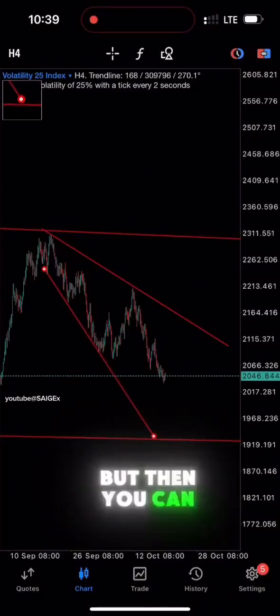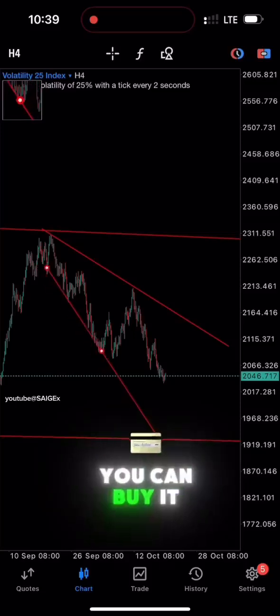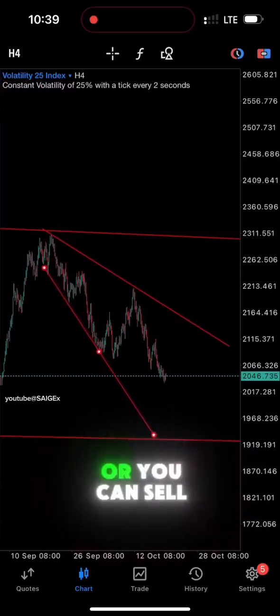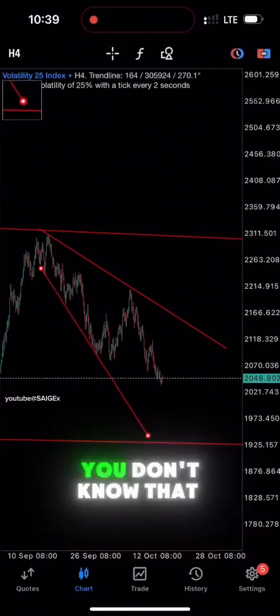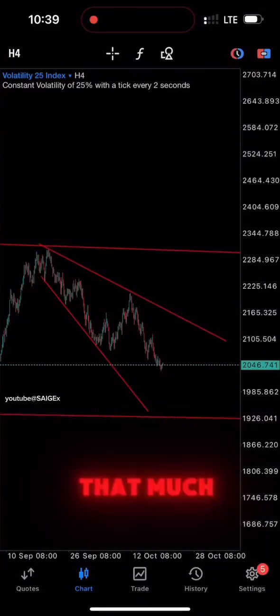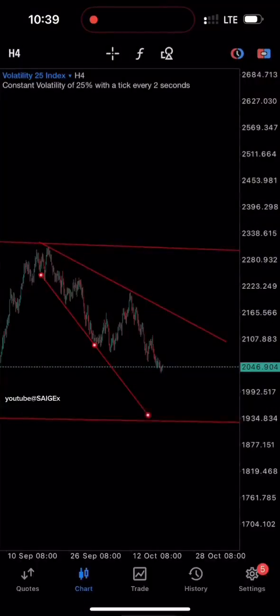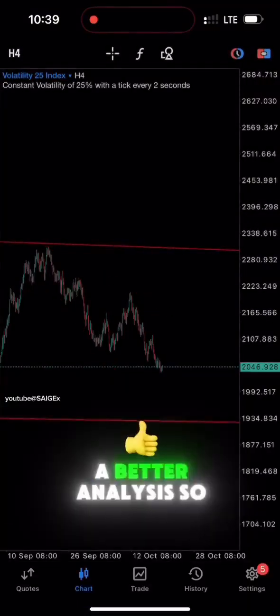But then you can see it's just a downtrend, but you really don't know the next step. You can buy here and it can start selling, or you can sell and it can start buying. You don't know that much. So if you don't know that much, it's better to move on and to find better ways, a better analysis.